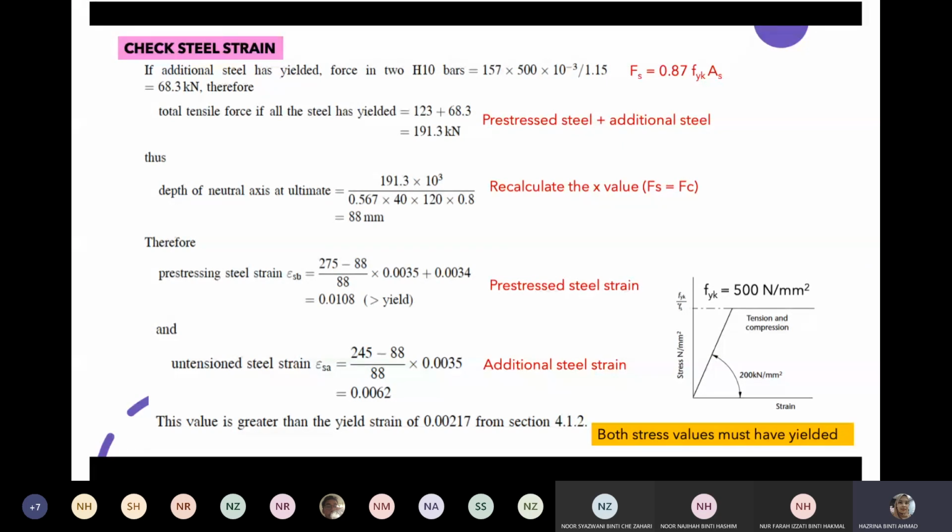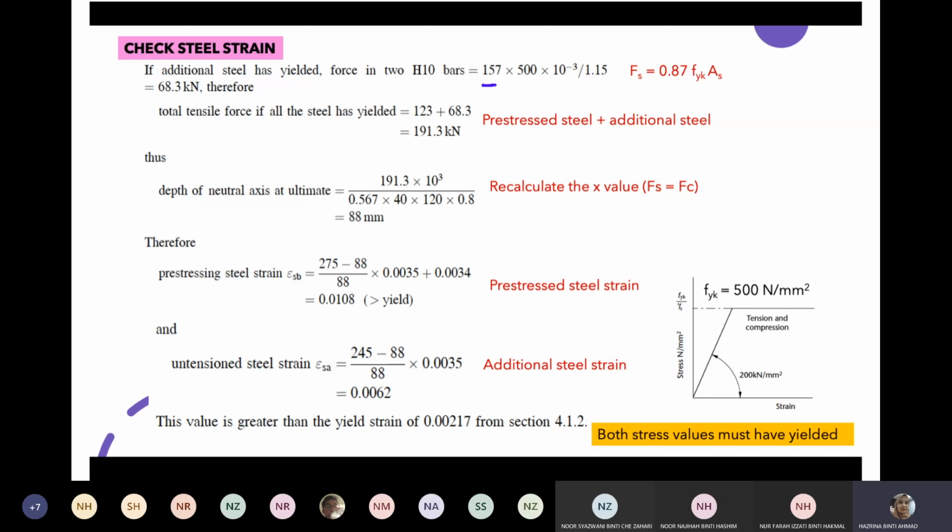We have 0.87, which already considers the partial factor of safety, then fyk 500, times As, which must be the As that we have provided. The As provided is higher than the required value, so we have here 68.3 kilonewton.